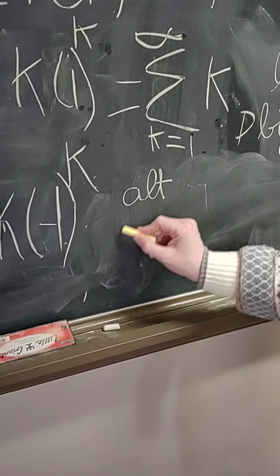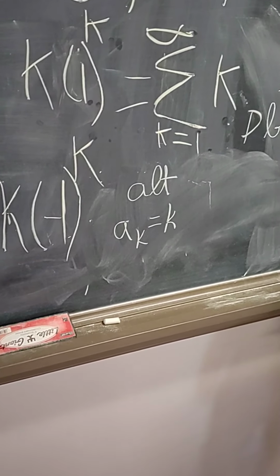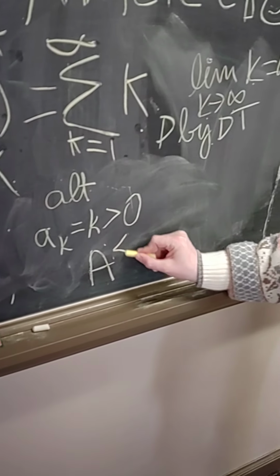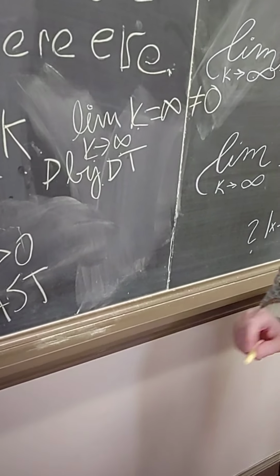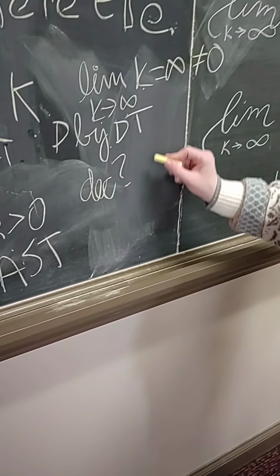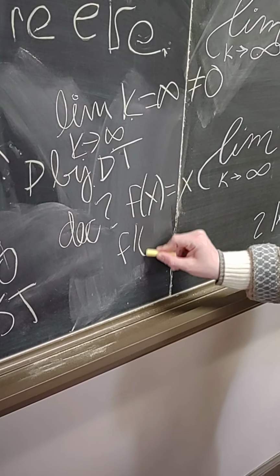And then a sub k would equal k. Is that positive when k is greater than or equal to 1? Yes, it's positive. So we have an alternating series with positive terms, so we're going to use the alternating series test. We need to check two things. We need to check if it's decreasing. If f of x equals x, what's the derivative? 1.